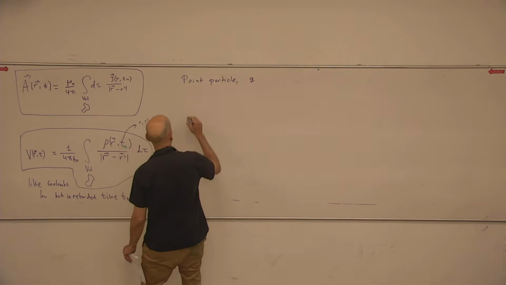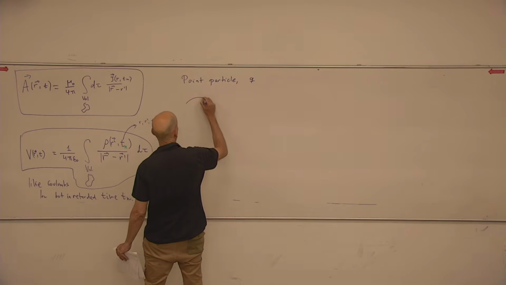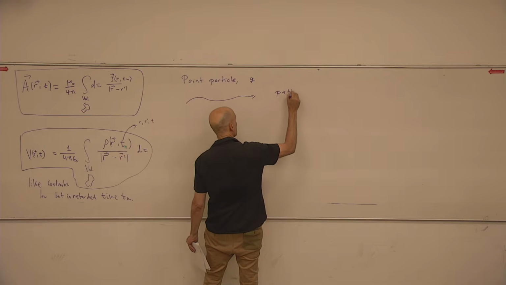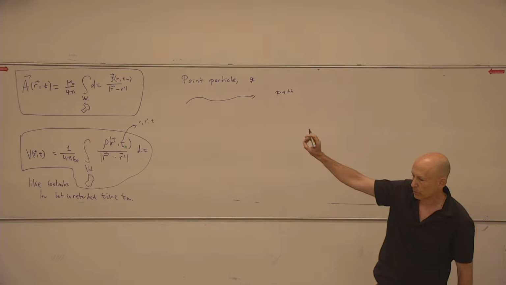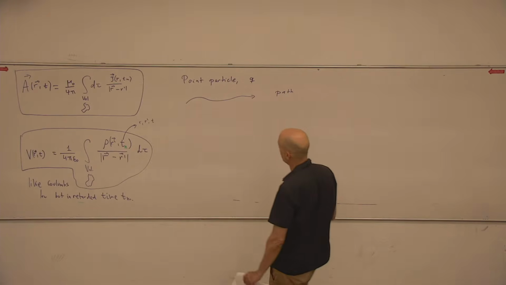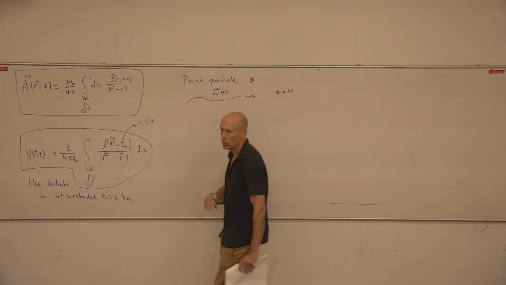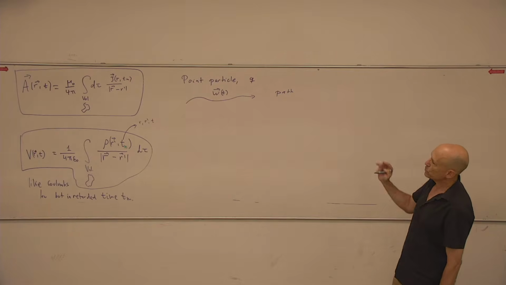For a point particle, first of all, we're going to define the path. It's not with a constant speed, there's some path. Your particle moves, from my point of view, in a possibly crazy way. You have some path, w of t, where t can go from minus infinity to time t of the laboratory. This is your path. It moves.